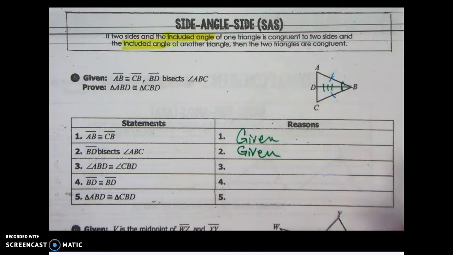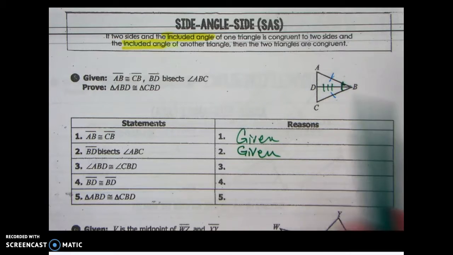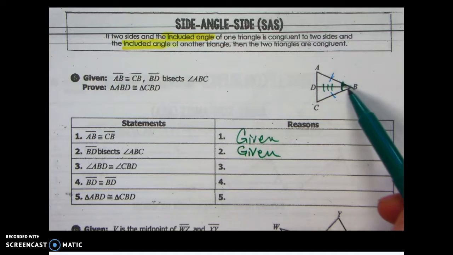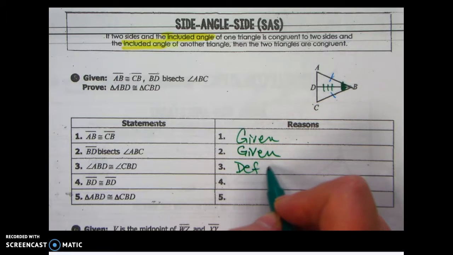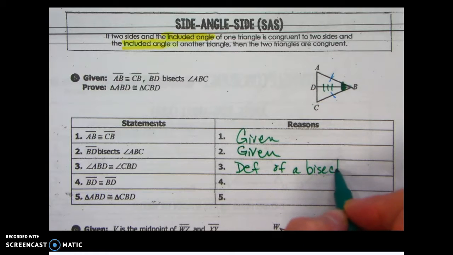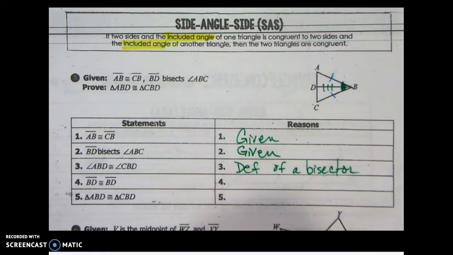Angle ABD, this angle, my little green angle there, is congruent to angle CBD, this angle. So those two angles are congruent to each other because that is the definition of a bisector. So a bisector divides the angle into two congruent angles, so definition of bisector.